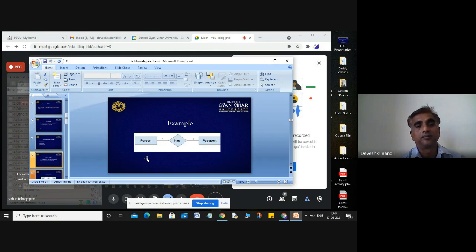So that is one example of one-to-one mapping, where I have taken two entities. The first entity is person, and the second entity is passport.